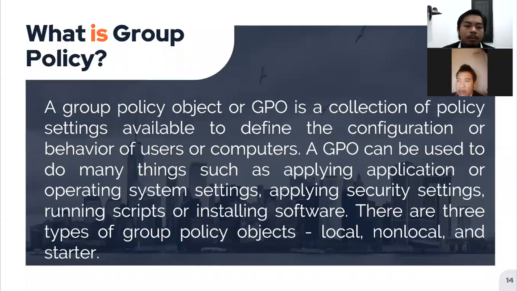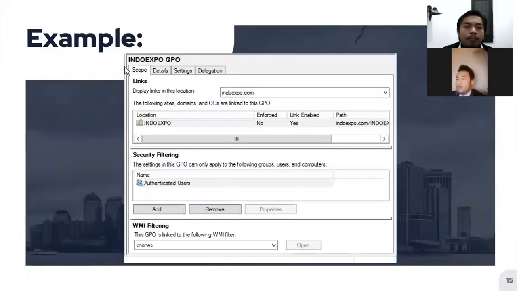There are 3 types of group policy: local, non-local, and starter. Okay, this is the example of our project on IndoExpo. This is the GPO on our project. The link is enabled and the path is indoexpo.com.